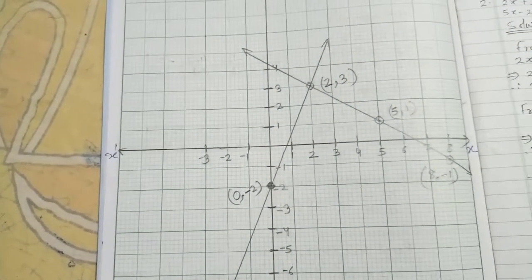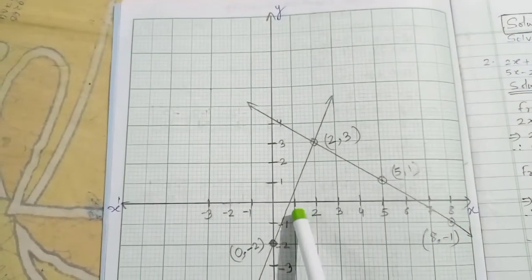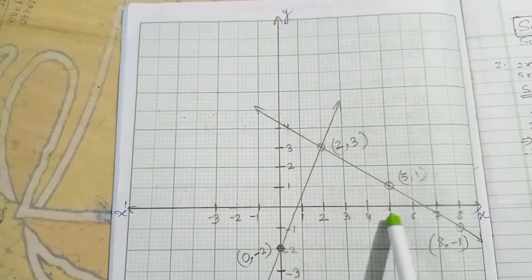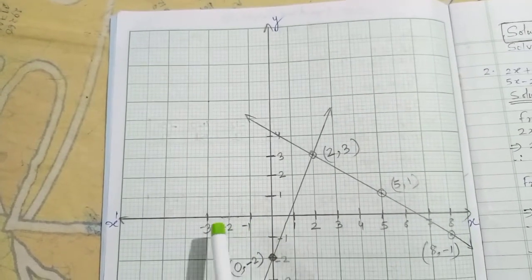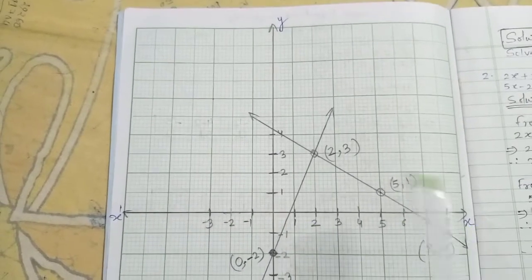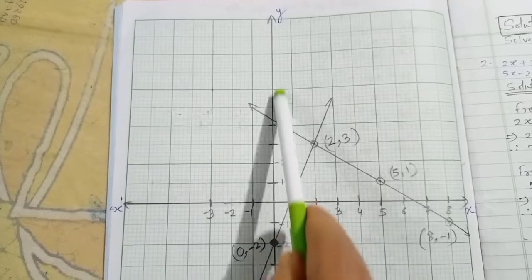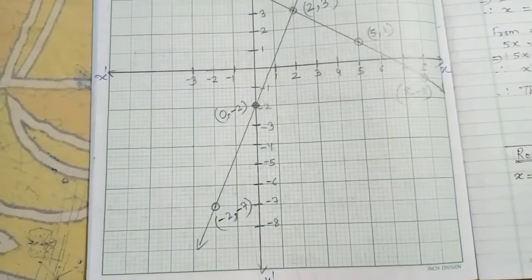Now, children, very important, this is the plus group: 1 2 3 4 5 6 7 8. This is the minus group: -1 -2 -3. Minus group of x-axis, plus group of x-axis, plus group of y-axis, minus group of y-axis.